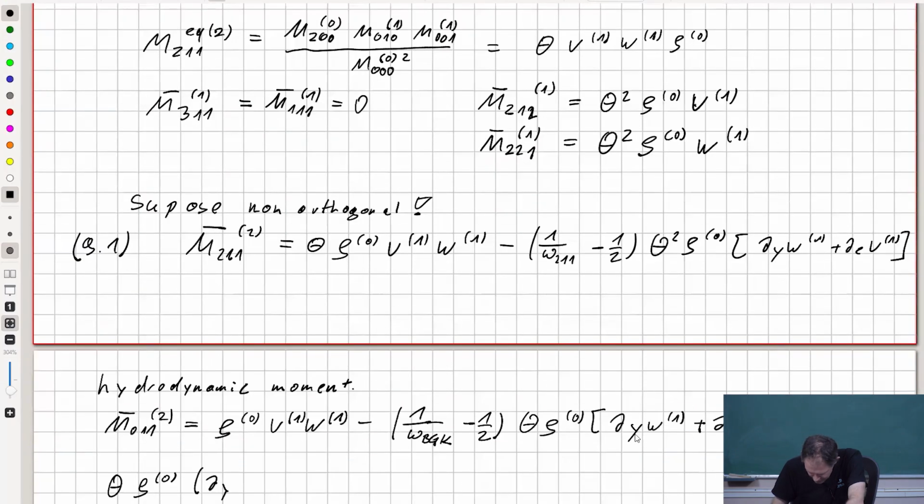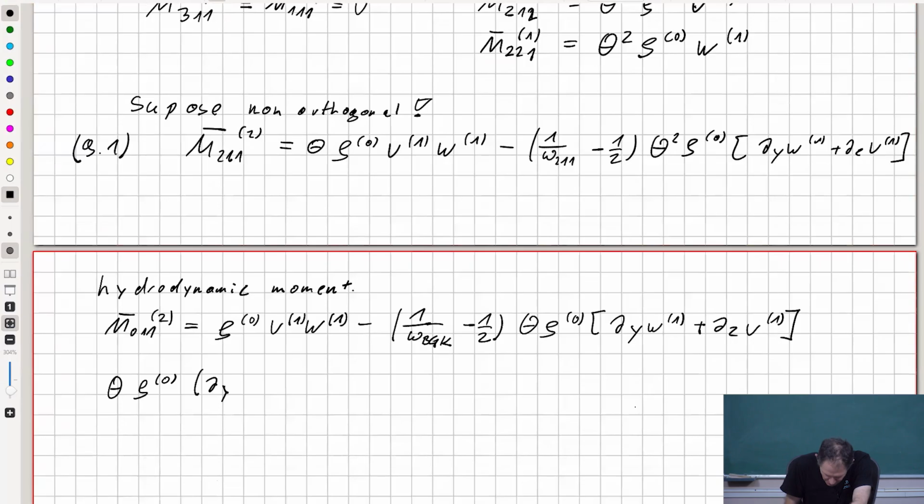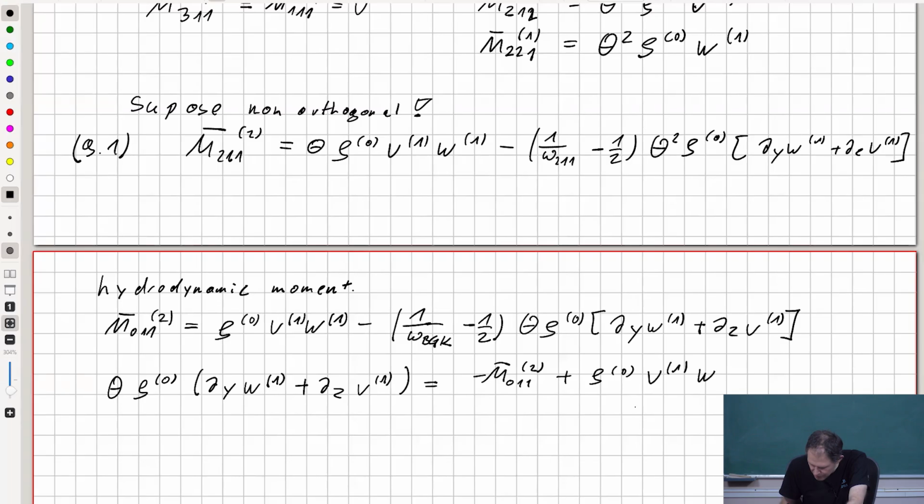No, it's here and here, right? Yes, okay, so sorry. dy, I couldn't read it from my notes properly. So dy W first order plus dz V first order is equal to minus this first moment to the second order plus rho to the zero order V to the first order times W to the first order divided by 1 over omega BGK minus 1/2.